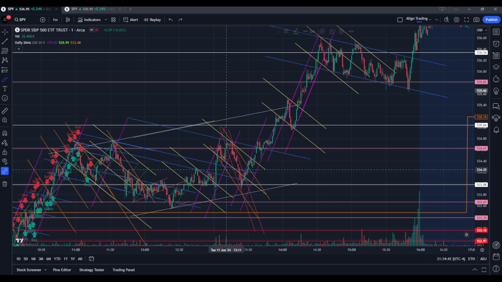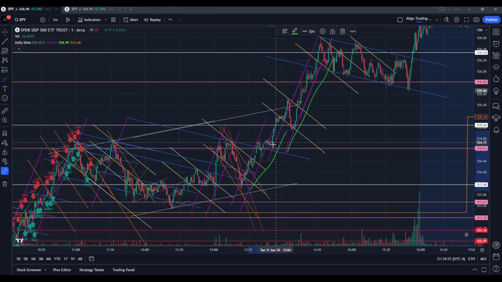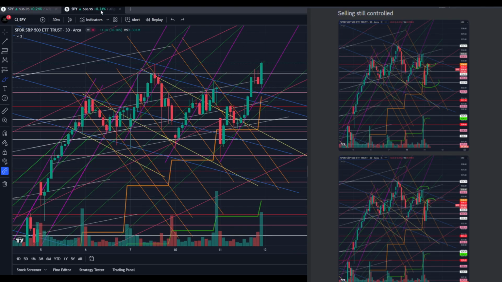Now along with this handle, you can also see this inverse head and shoulder right here, which gives us this move up in this purple buying continuation that you can see starting right here, and it starts to give this squeeze higher. I also explained to be watching for this shoulder on the 30-minute, which you can see is this inverse head and shoulder right here.